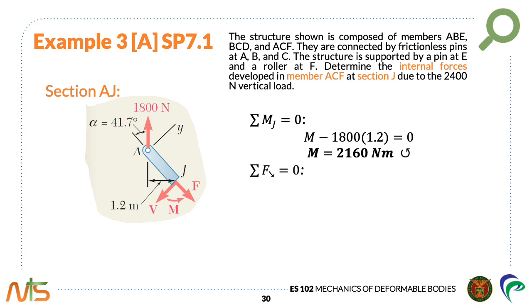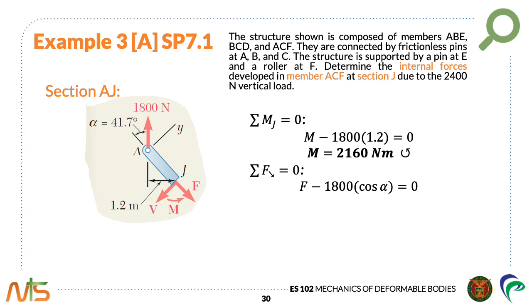Next, we have summation of forces about the x-axis equal to 0. So we have force F directed to the positive x-axis, and then we have the 1,800 Newton force. The component of this in the x-axis is negative because it is directed to the negative x-axis.